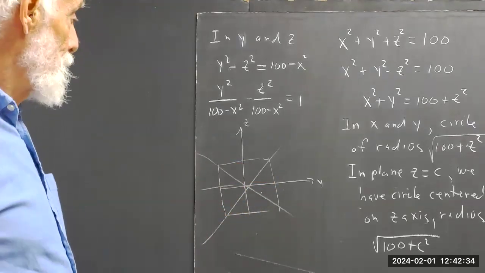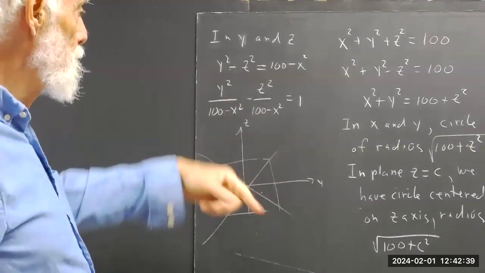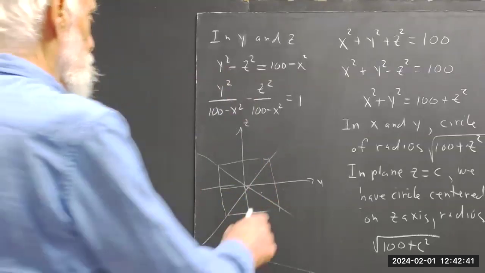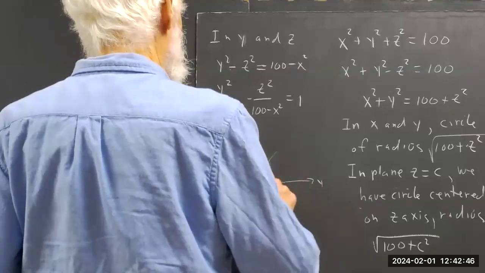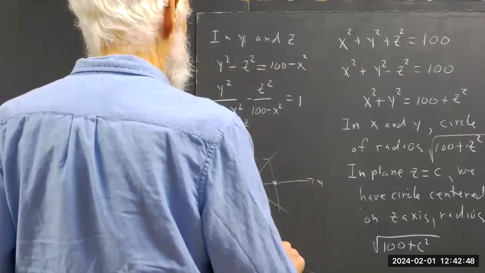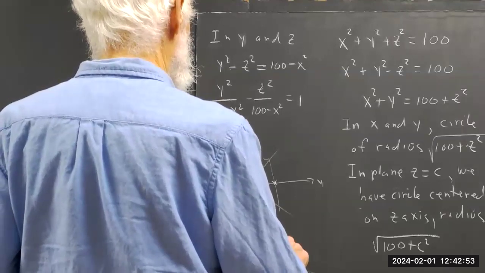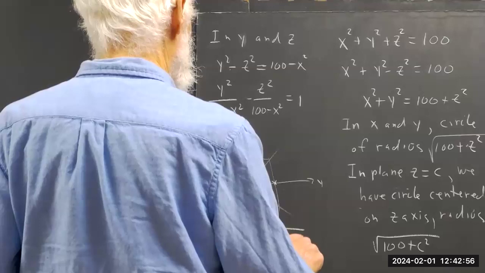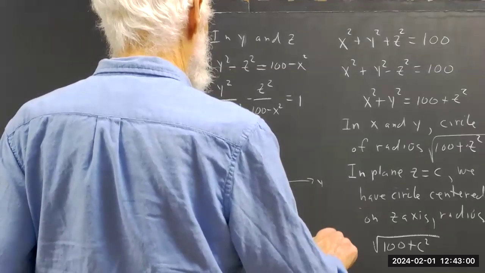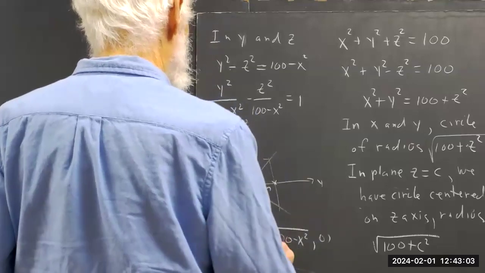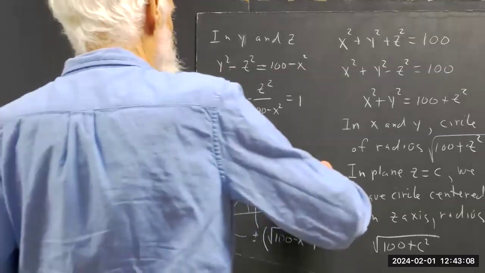Okay. If it was on the y-axis, then you'd have to be able to say z is 0, and that works. So this is going to be in y and z coordinates. This point is going to be, and this will be minus that. And there's your hyperbola.